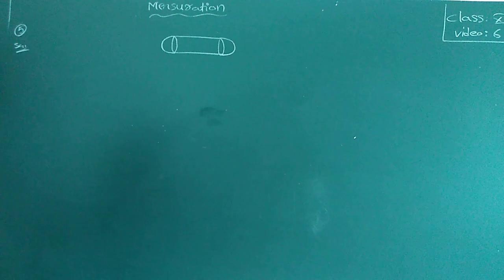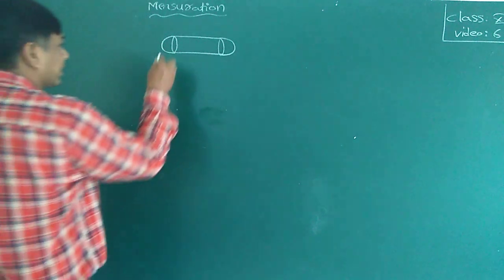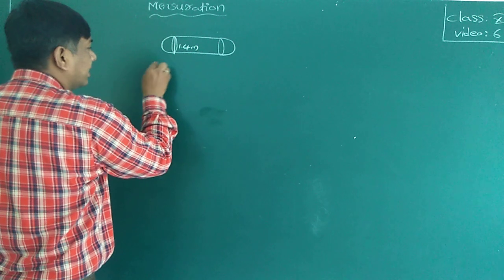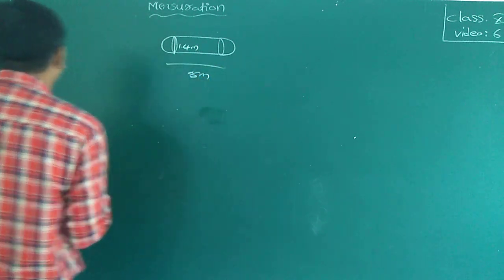If the external diameter of the cylinder is 1.4 meters and its length is 8 meters. External diameter is 1.4 meters and the length is 8 meters.